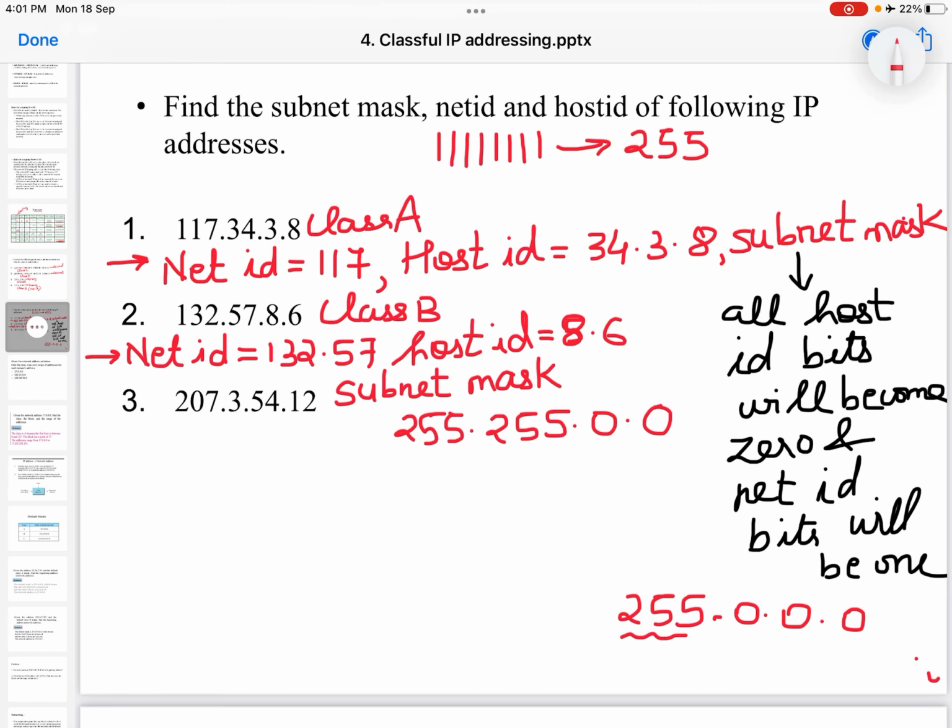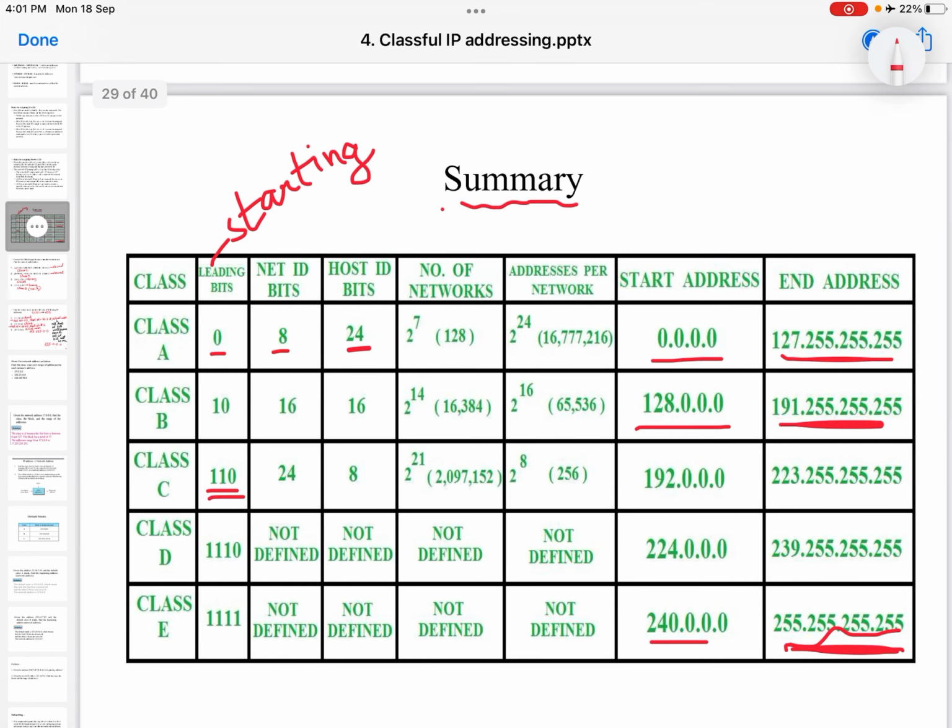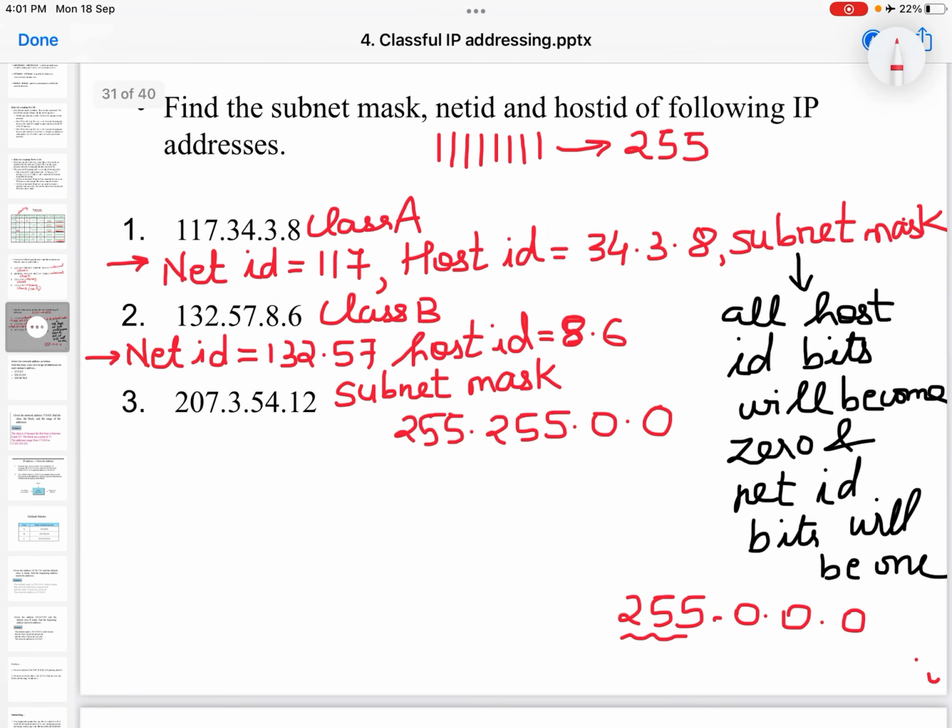Now 207 comes in your class C. So this is class C. In class C, net ID is 207.3.54.